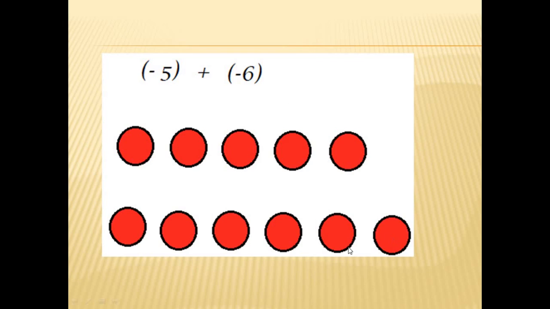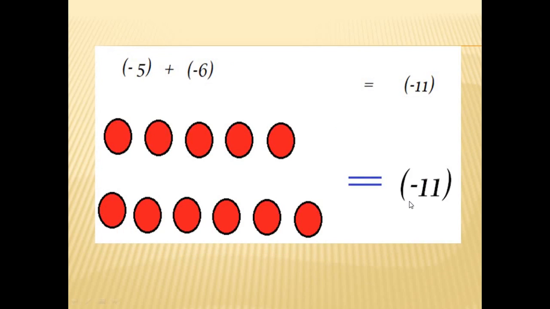So, total 11 negative counters or 11 red counters are there. So, how can we denote this 11 red counters? By negative 11. So, when you are adding negative 5 and negative 6 together, the answer is negative 11. We find it using counters.